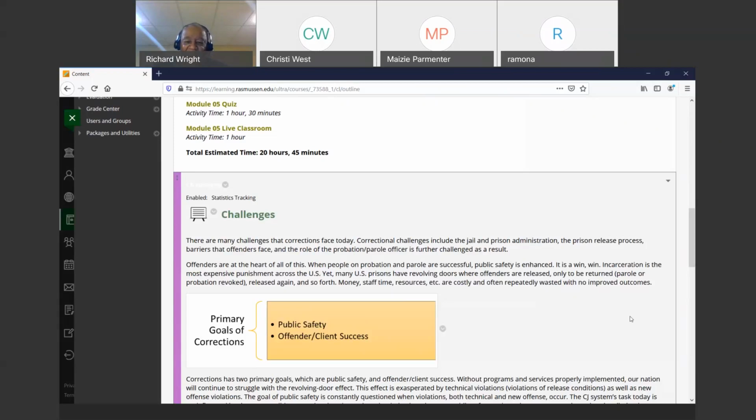So the key thing that it says, correction challenges include jail and prison administration, the release process, and the barriers that offenders face. We've talked about some of those, and the role of you as a probation or parole officer will be challenged because of the problems that the individual has, such as drugs, alcohol, comprehension, and those kind of things.